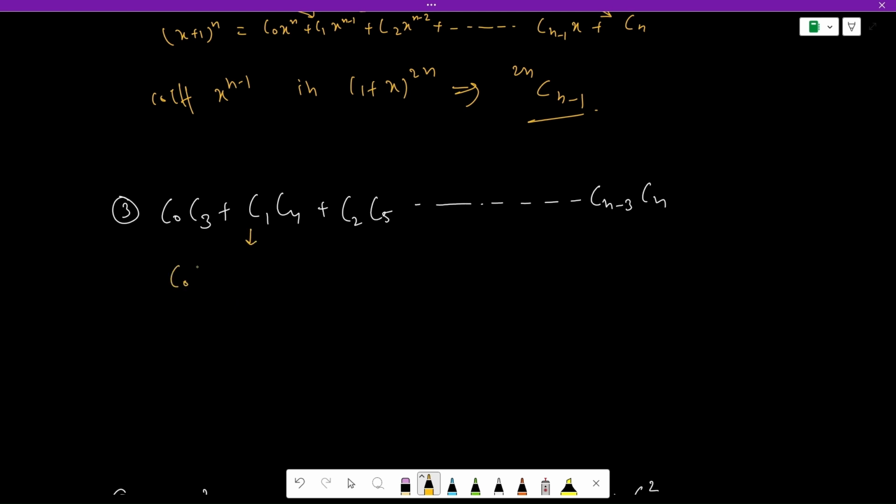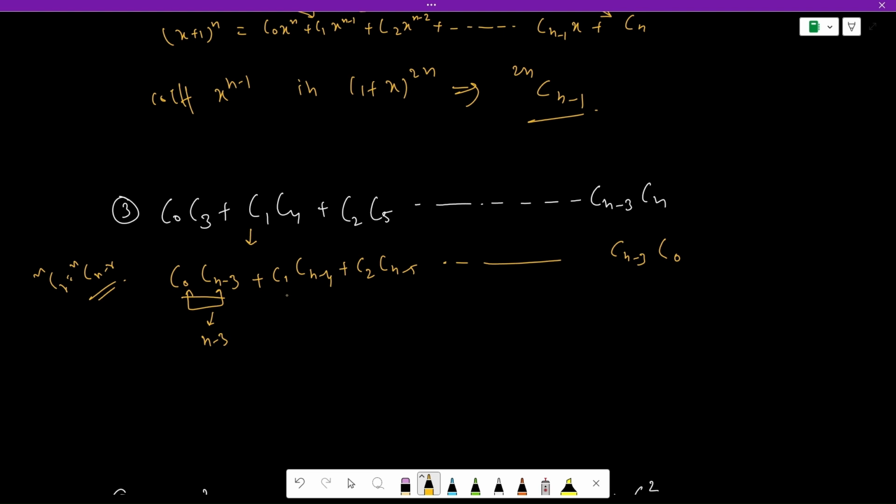I'm writing it as c0 cn minus 3, using ncr equal to nc n minus r, plus c1 cn minus 4 plus c2 cn minus 5 and so on till cn minus 3 c0. Now why I have written it like this is so that the sum of both indices becomes constant, which is n minus 3 in every case.